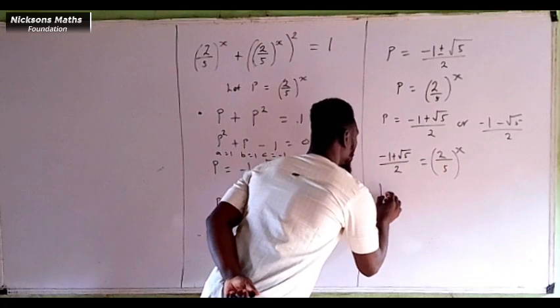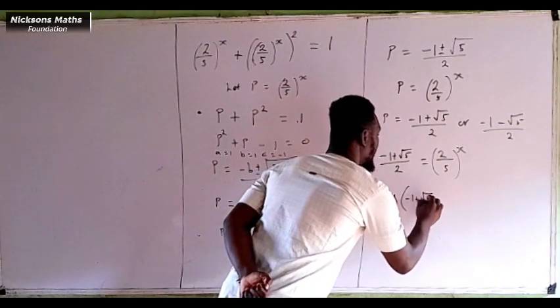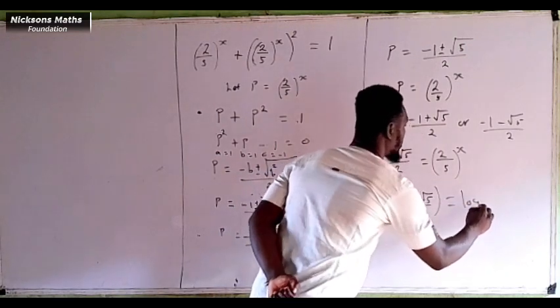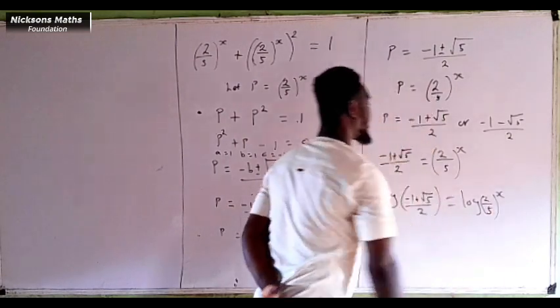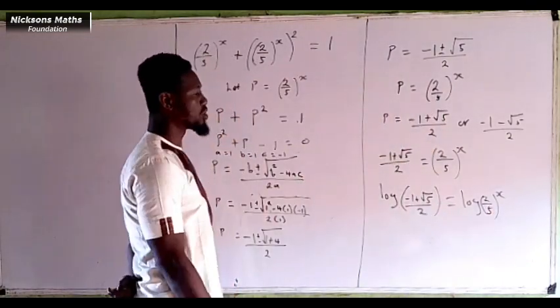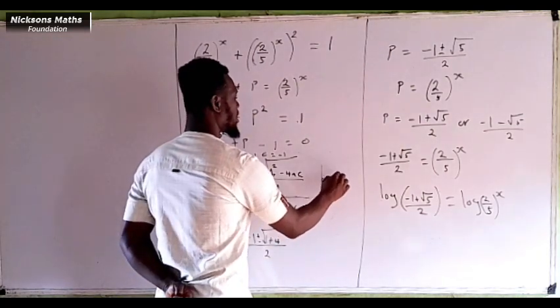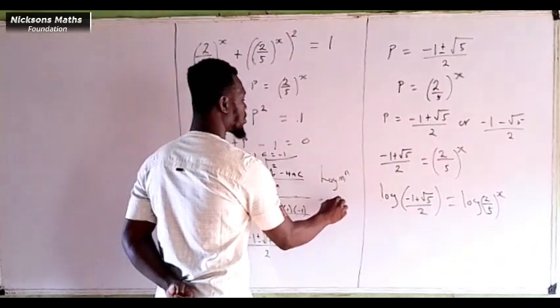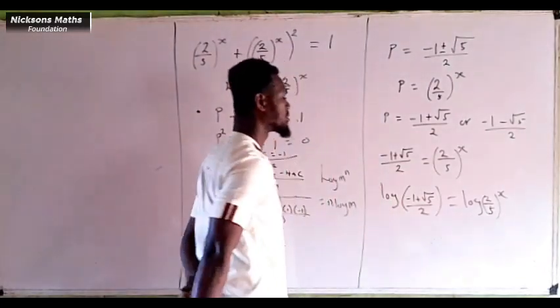So this is log of minus 1 plus root 5 over 2 equals to log of 2 over 5 raised to power x. Then according to laws of logarithm, when you have log n raised to power x, it becomes x log n. So that's what I'm going to apply here now.